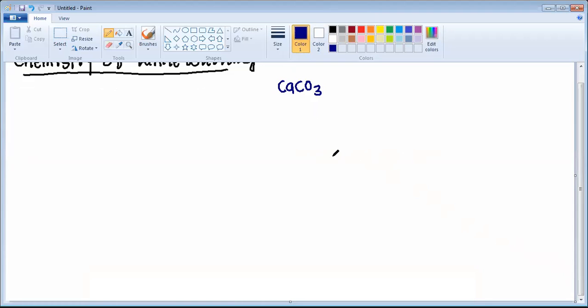Now when we study about CaCO3, my dear students, this is known as calcium carbonate. It is also known as limestone.